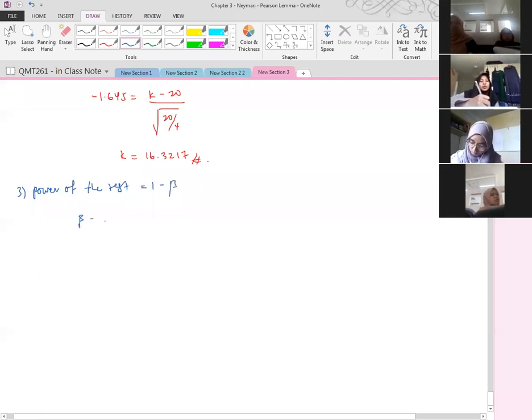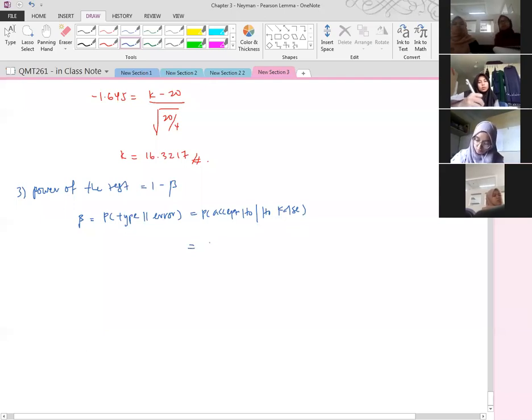Beta is the probability of type 2 error, which is equal to the probability of accepting the null hypothesis when the null hypothesis is false. So here, we want to find the probability of x bar more than 16.3217 given that lambda is equal to 16, right?